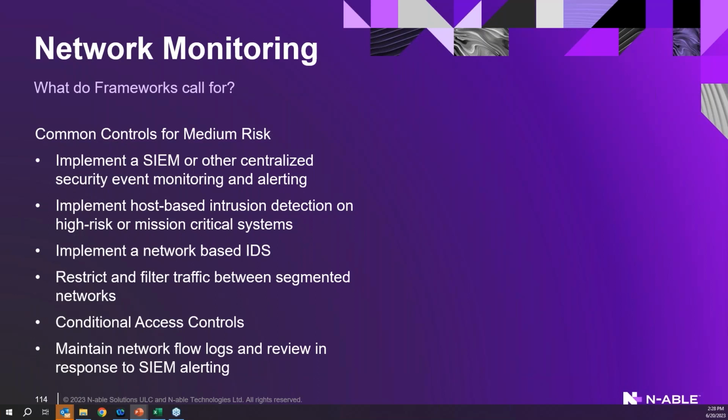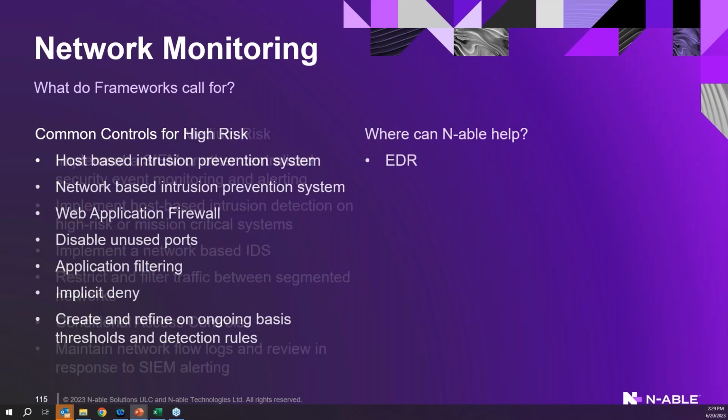So again, there are no common low risk controls here. We start out with medium risk. They're asking for the implementation of a SIEM or other centralized security event monitoring and alerting solution, host-based intrusion detection on high-risk or mission-critical systems, implementing a network-based IDS, an intrusion detection system, restricting and filtering traffic between segmented networks, conditional access controls, maintaining network flow logs and reviewing those in response to what your SIEM might be alerting you to.